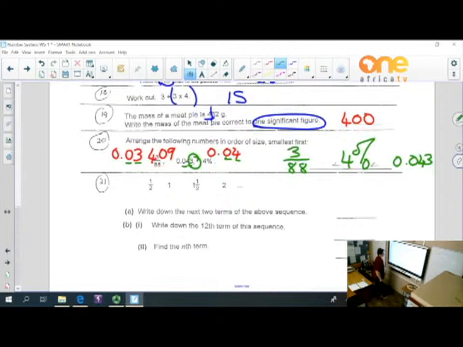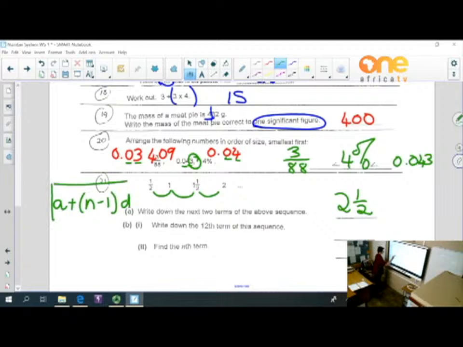Write the next two terms of the sequence. Again, you must find the pattern now. What is the common difference? What do I keep on adding? A half, isn't it? So it is 2 and a half. And then write down the 12th term of this sequence. So I will just keep on adding, or I can make use of my formula, a plus n minus 1 d.